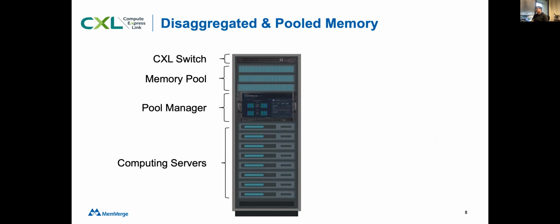Just like the storage companies, the SAN vendors EMC and NetApp, who provide lots of very valuable software to manage the storage, and also provide fault tolerance and other enterprise services, we aim to provide this kind of capability for memory in the future.